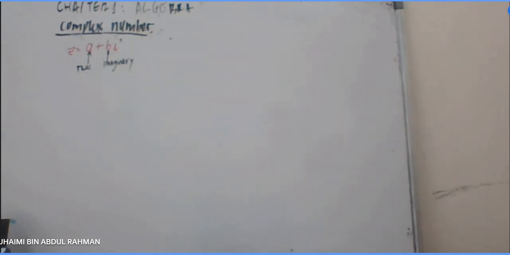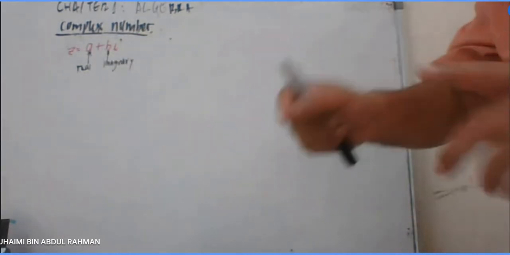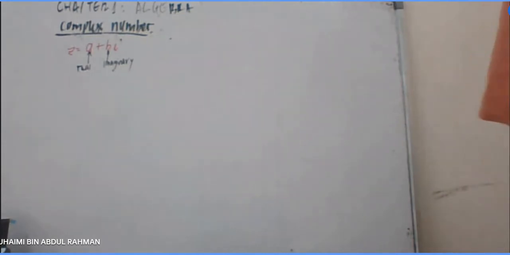Let's say we have another complex number with the same value of A and the same value of B, so we can say that those two complex numbers are equal. So for instance, the complex number 1/2 minus 2/3i.